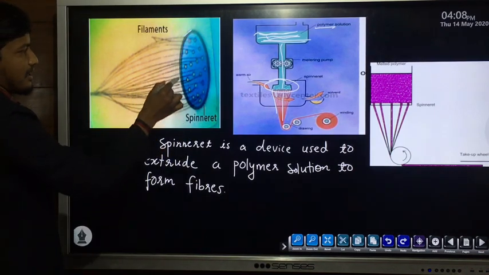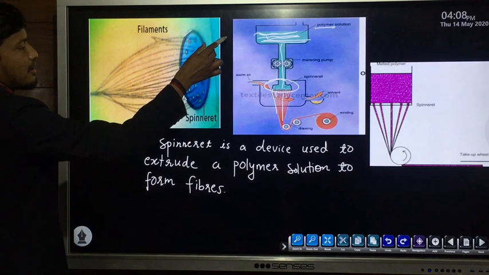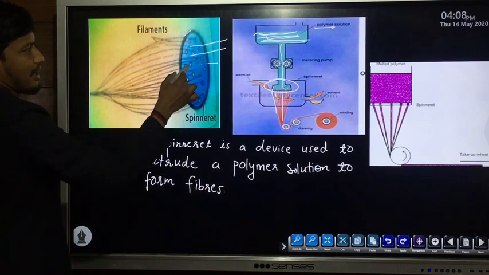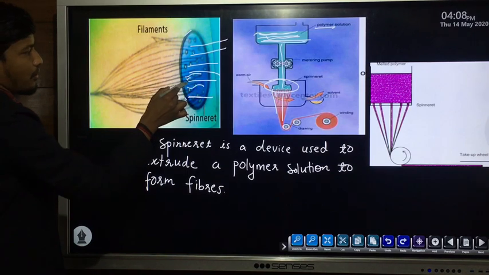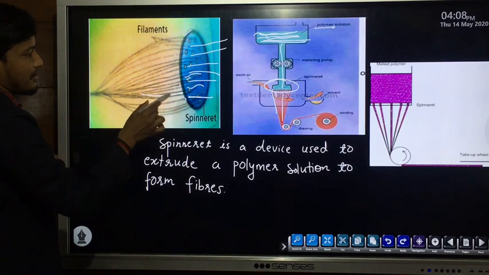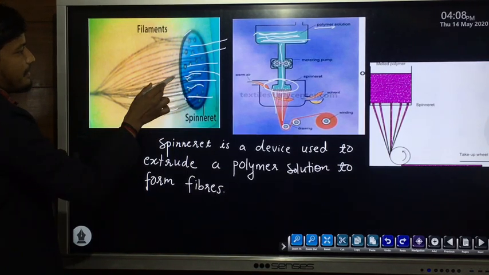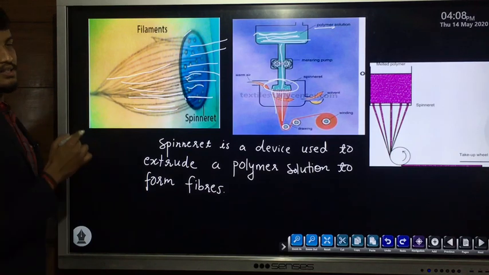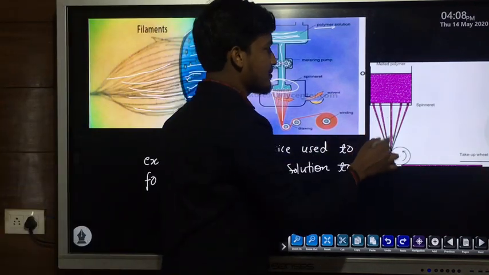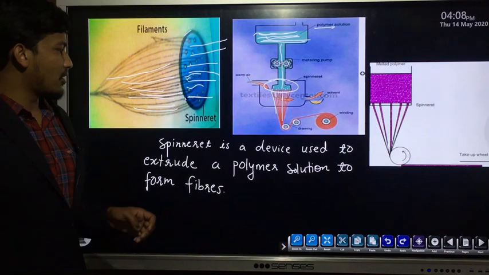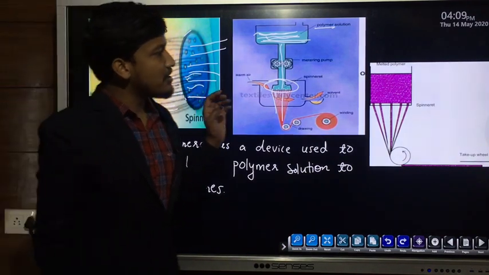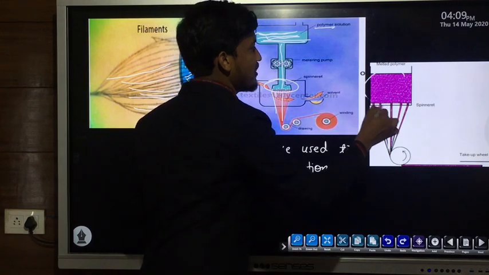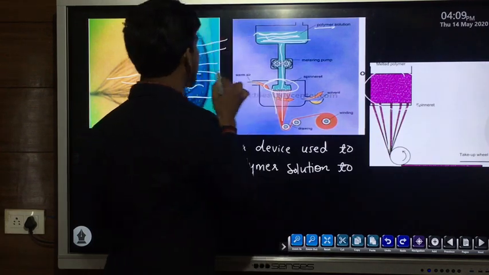So this is the spinneret. There are holes. Polymer solution is allowed to pass through the holes of the spinneret, and the liquid polymer will come out in the form of filaments like this. So like this we will get. This process is called spinning. And for this process we use a machine, and this machine is called spinneret.